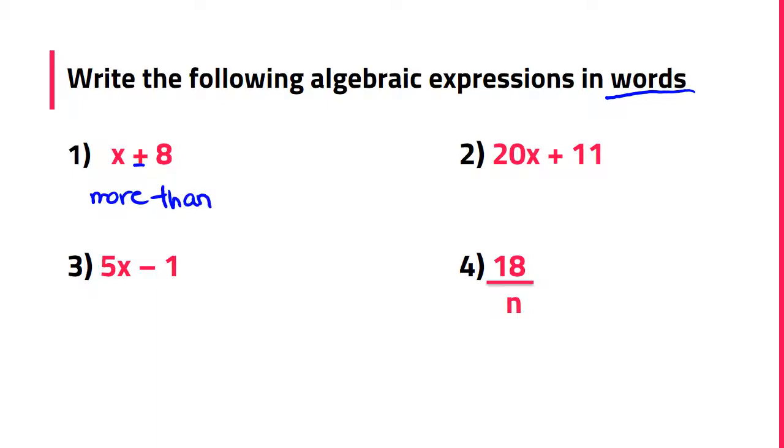So how many more than do I want to add on? I want to add on 8. 8 more than the number x. You'll notice we always wrote the number before the variable because we just want to clarify that that variable represents a numerical value. So 8 more than the number x.